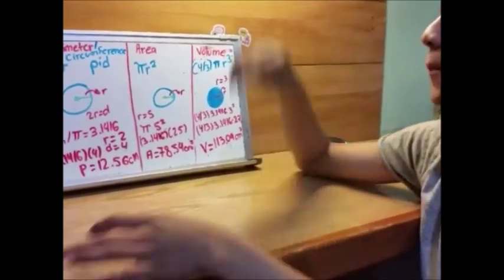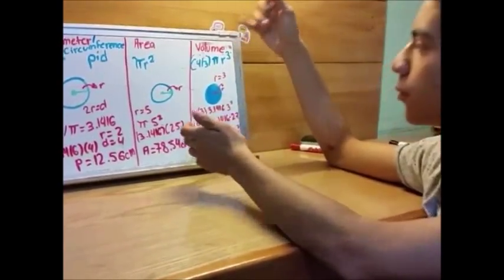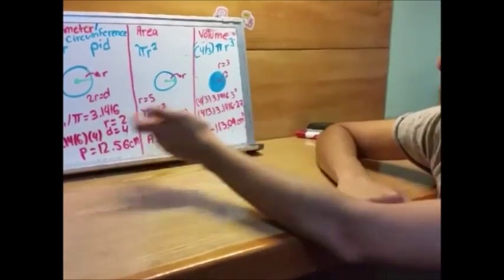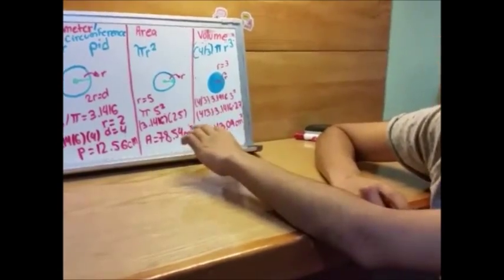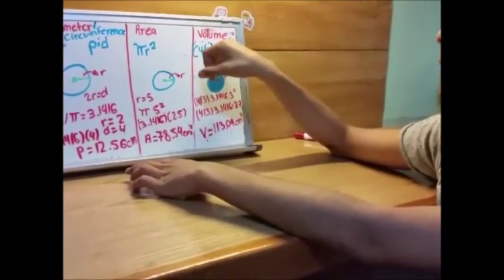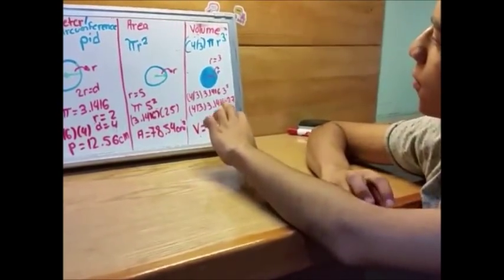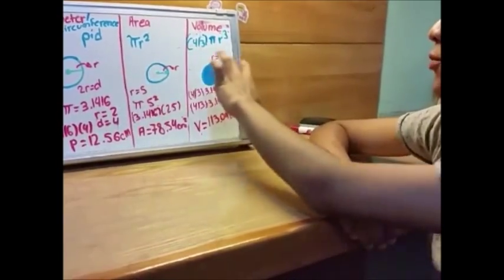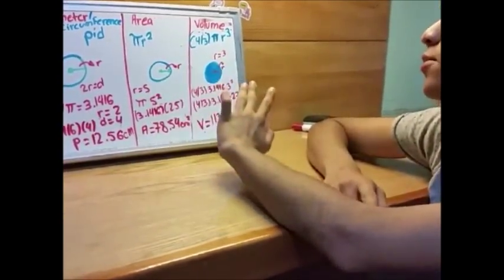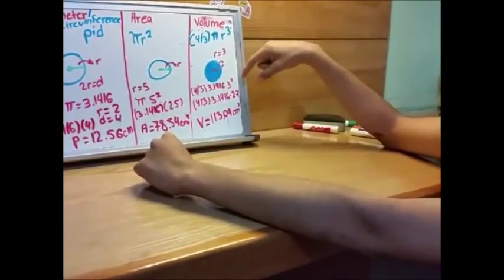Now we continue with the volume of this figure. We have to know that for the volume we need a three-dimensional figure, so we are going to use a sphere, not a circle. The formula for this volume is 4/3 times pi times radius cubed. So we remember that the radius is the line that goes from the center of the circle to the circumference of the circle, and we apply this formula in this problem.